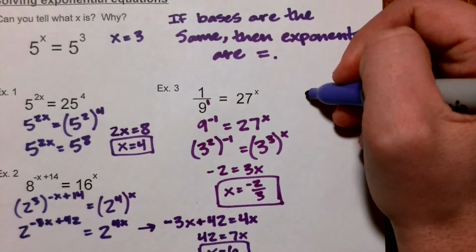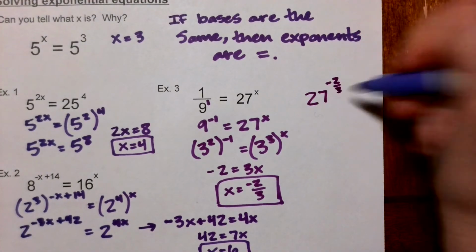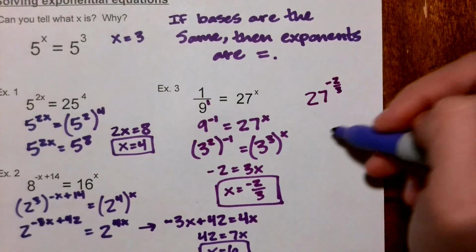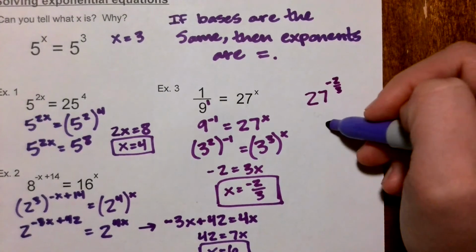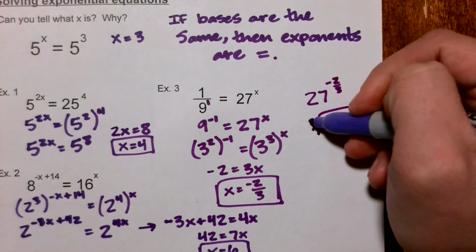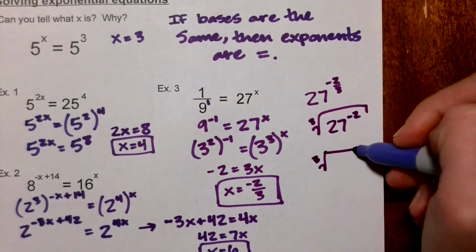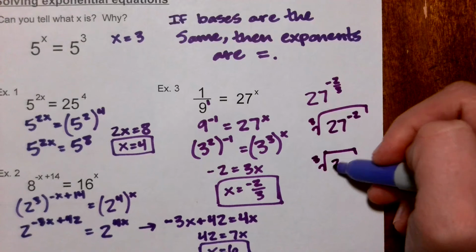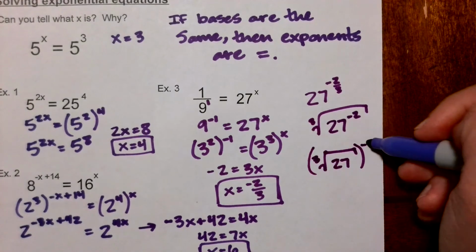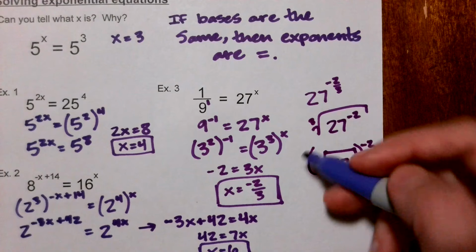So just reminding ourselves that if I'm raising 27 to the -2/3 power, that means I've got this 27 to the -2nd and then taking the cube root. Actually, I'm going to put the cube root on the inside. I'll put the 27 out here. And then if I have a negative power, that means it's in the denominator.